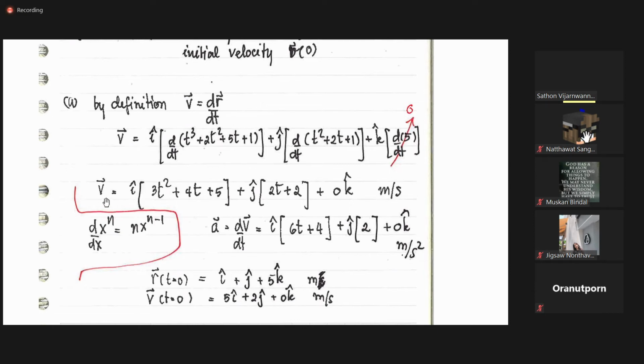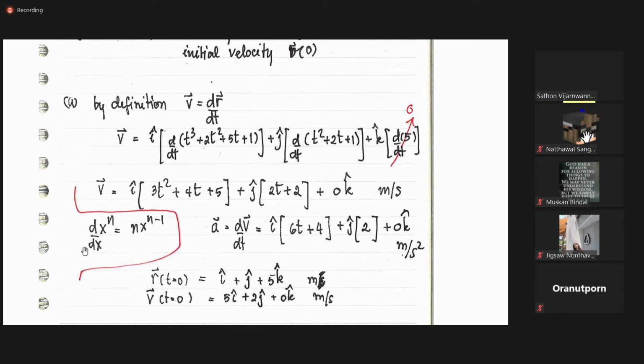So for the x component, the velocity is i times (3t squared plus 4t plus 5). And along the y component, the derivative of t squared gives you 2t, the derivative of 2t gives you 2, so it's 2t plus 2, and then plus 0k. Now you see that velocity is not constant, it changes with time. So that means that it has an acceleration.